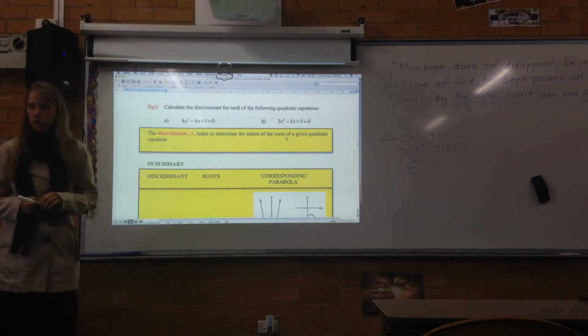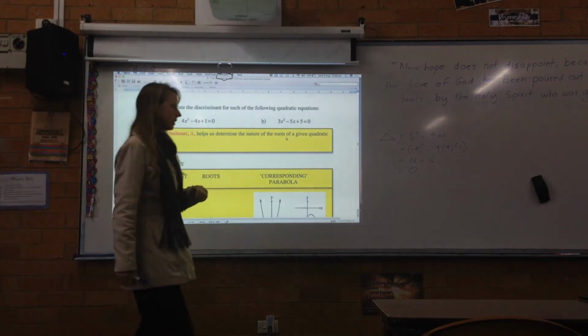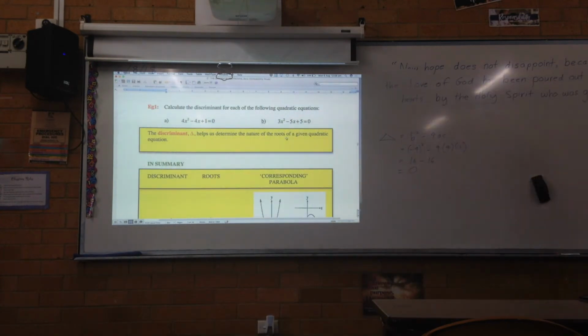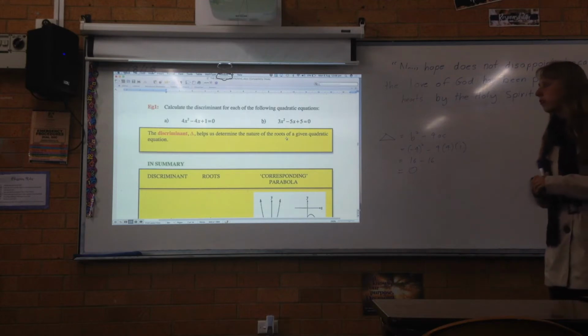Can I rub it out now? Not yet? No worries. Just remember the discriminant is simply what is under the square root sign in your quadratic formula.